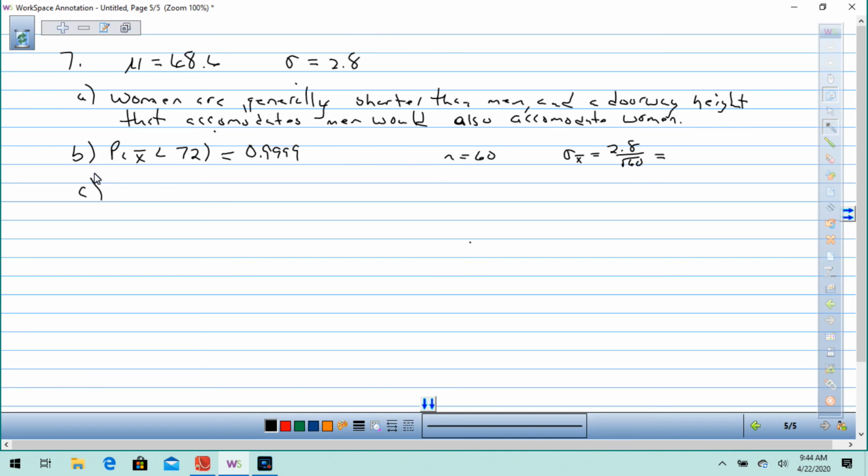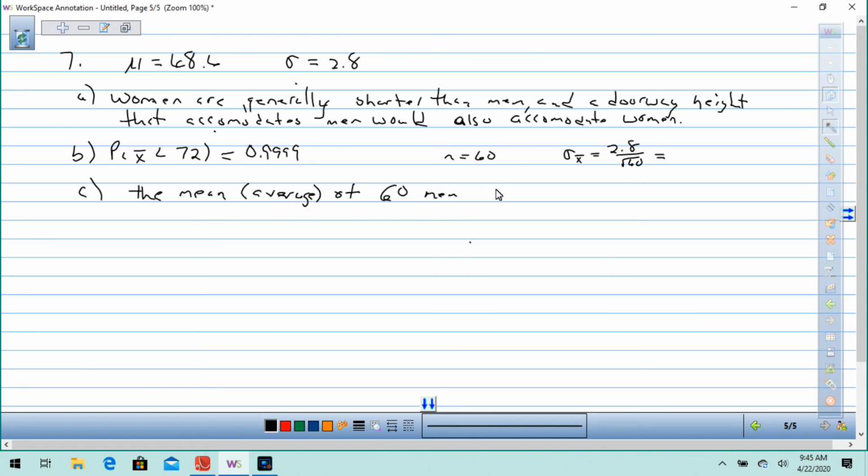In determining the suitability of door height for men, the mean of 60 heights is irrelevant, but the heights of individual men are relevant. That's because the mean is an average. It is an average of 60 men.